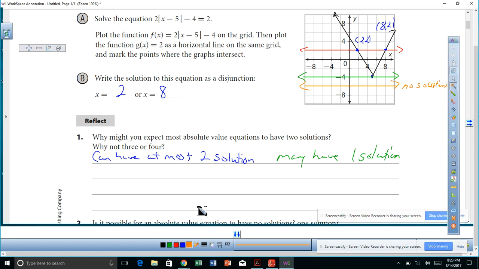No solutions, and that's one solution. And the red one here is two solutions. So that will be the three. You can expect to get no solution, one solution, or two solutions, and never any more than that.